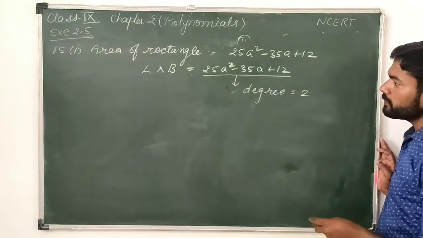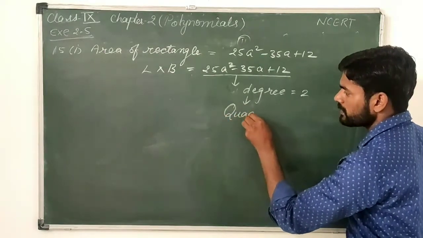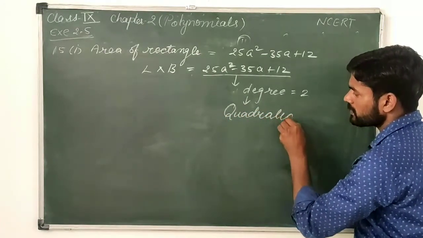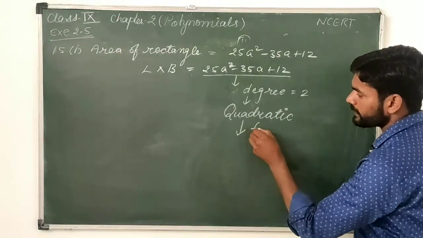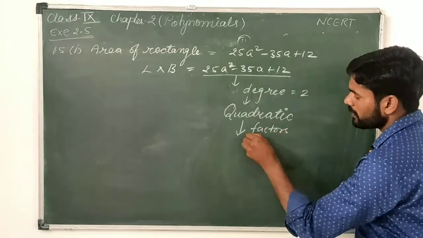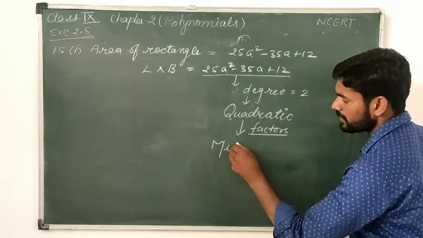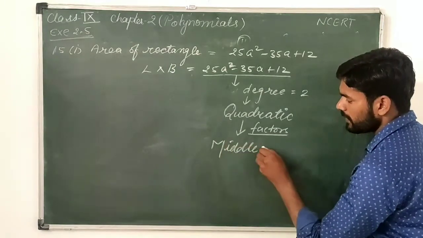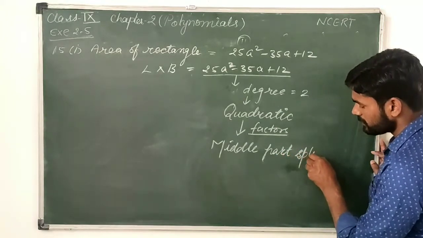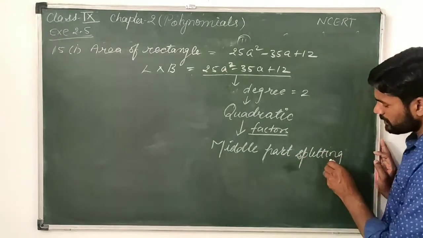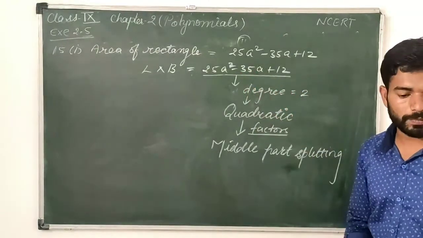With the degree of 2, the polynomial is known as quadratic polynomial, and to find the factors of this type of polynomial we will use a method which is middle part splitting method. मीन्स हम इस पार्ट को स्प्लिट करेंगे.